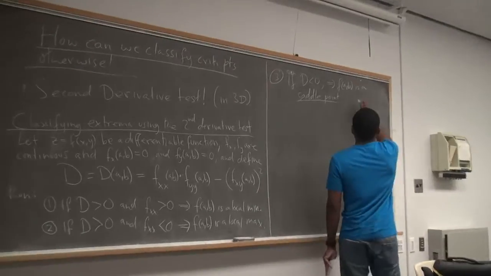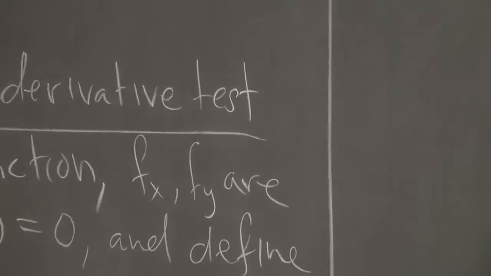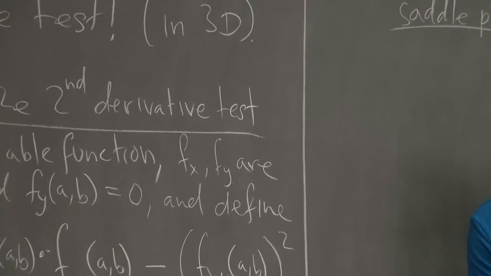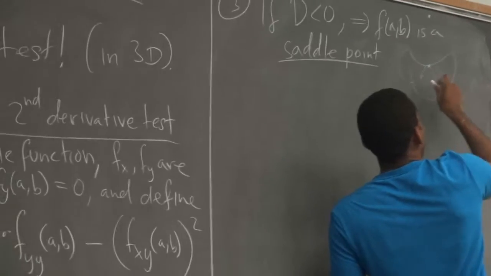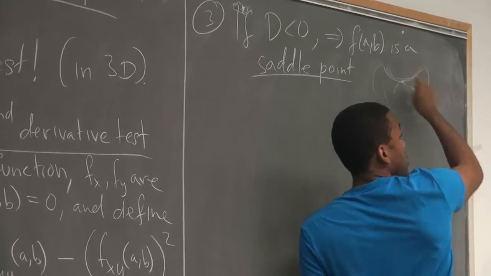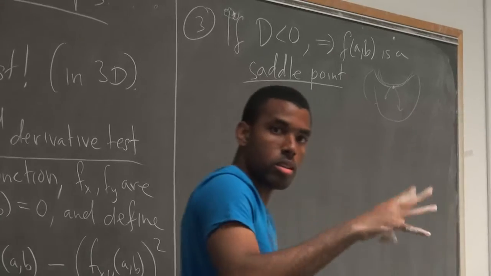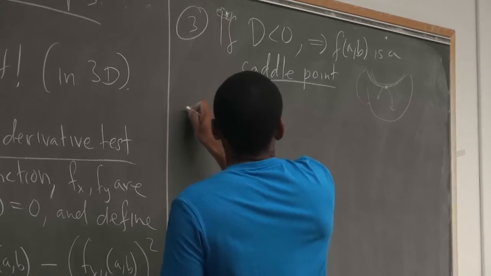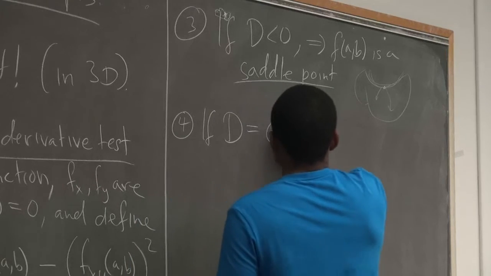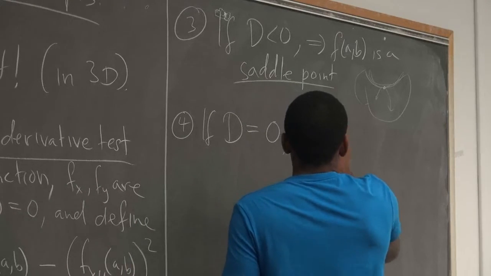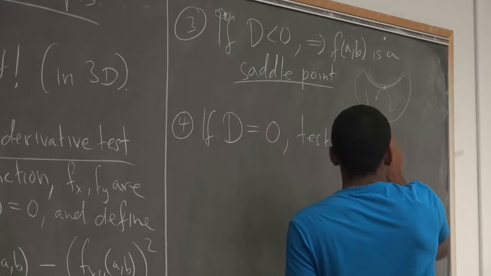Saddle point means it looks like a Pringle chip, right? So you're at the point where on one side it looks like a maximum because you're going down, but on the other side it's like a minimum because you're going up. Sort of like that x squared minus y squared thing. And 4, if D equals 0, the test is inconclusive.